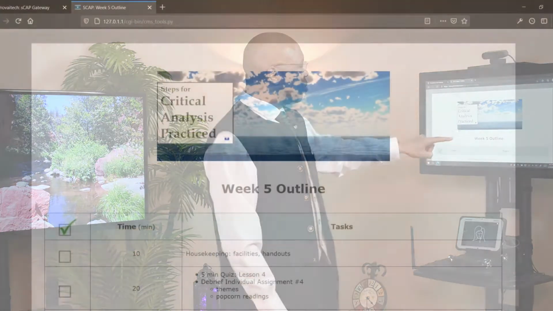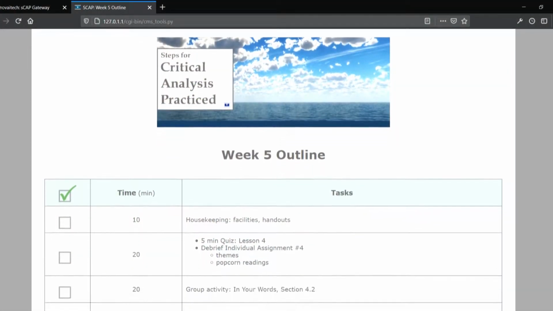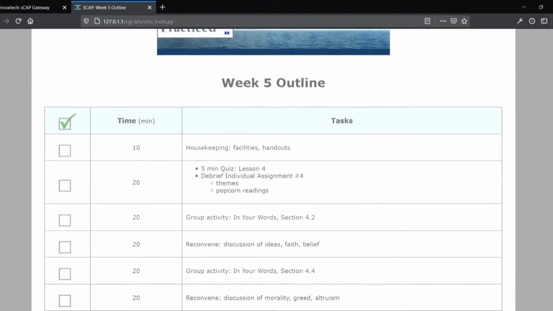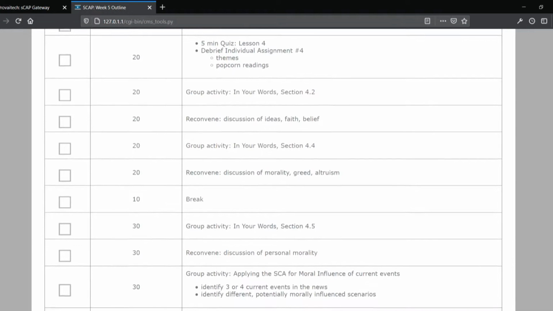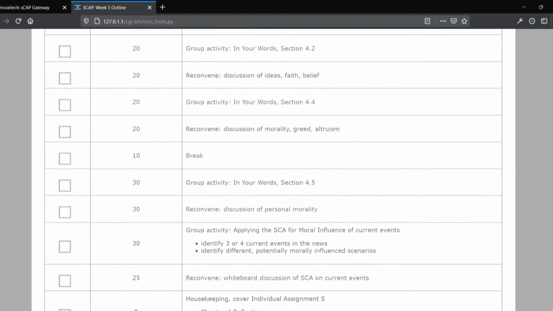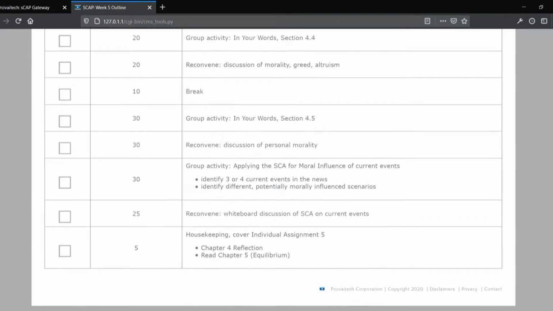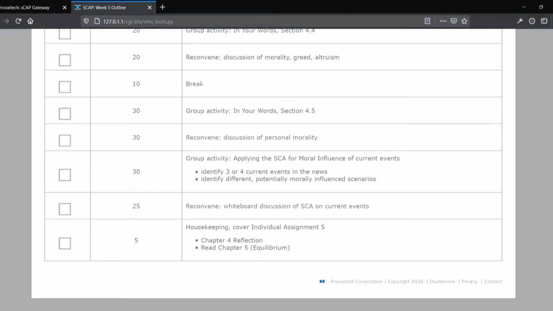Looking at our outline, I see we have four activities. We're going to be introducing the steps for critical analysis for moral influence. We'll be looking at morality, altruism, greed, those types of things.